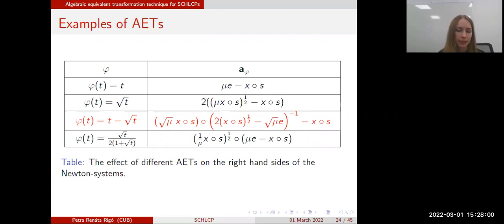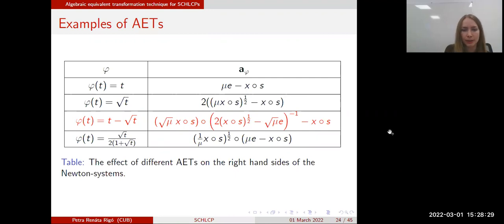We dealt with t minus square root of t together at the beginning for linear programming problems, and after that we also considered other versions and extensions of this algorithm, but I marked it with red because the algorithm presented here is based on the search direction obtained by using this function.